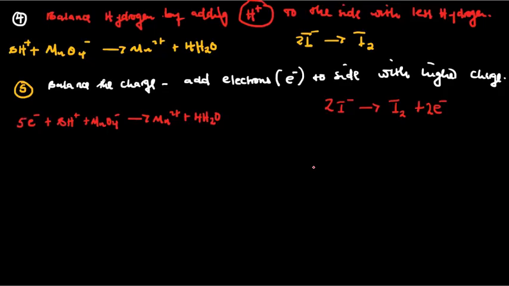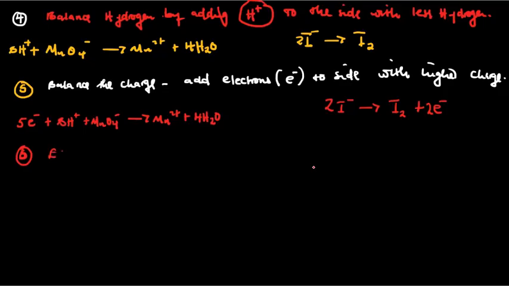Because at this point, when you add, the overall charge on the left side now will be 2 plus, same as the one that you have on the right side. So after that, you now go to step 6. So step 6 now, this is where you are going to exchange.